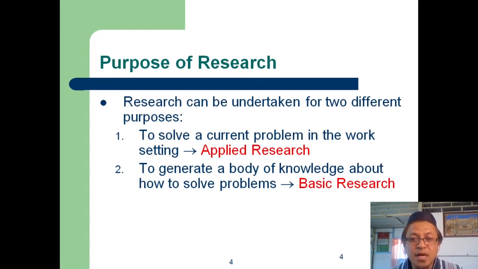In other words, their productivity is not improving. So you may want to find out what are the reasons that cause them not to be improving in their productivity. So you may engage a researcher, and this researcher will conduct an applied research, get the findings, and the findings will be implemented right away so as to improve the current situation.